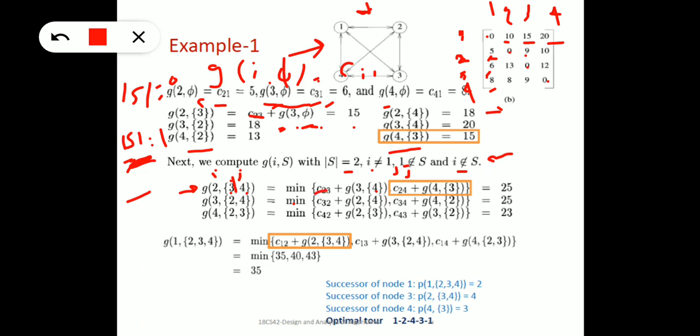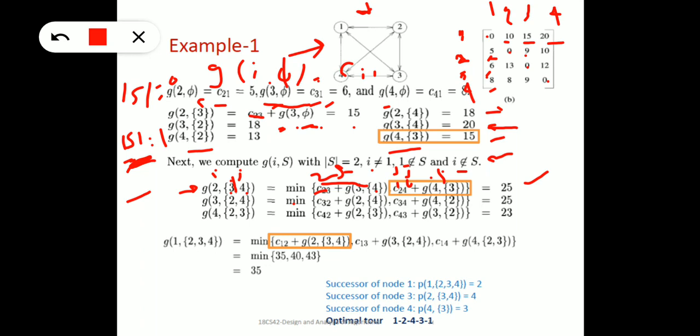So the cost of the edge from 2 to 3 is 9 plus g of 3 comma 4, you get it from the previous step to be 20, so this entire term reduces to 29. And then C of 2, 4: 2 to 4 has a cost 10 plus g of 4 comma 3 has a cost 15. So 10 plus 15 is 25. So the minimum value between 29 and 25 is 25. So we select this. We select an edge from 2 to 4.